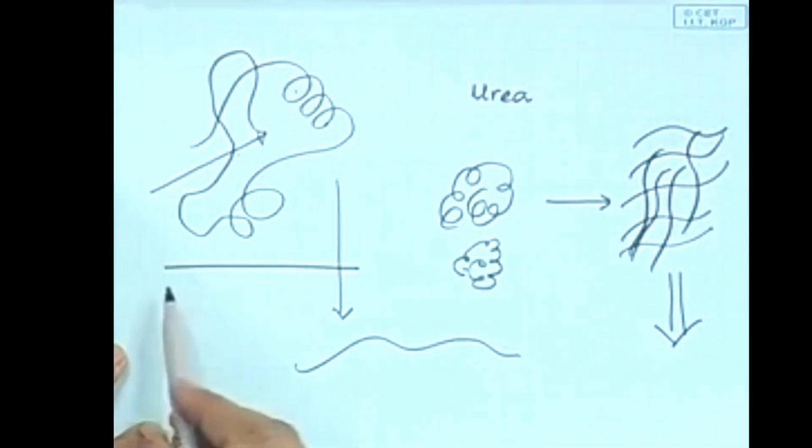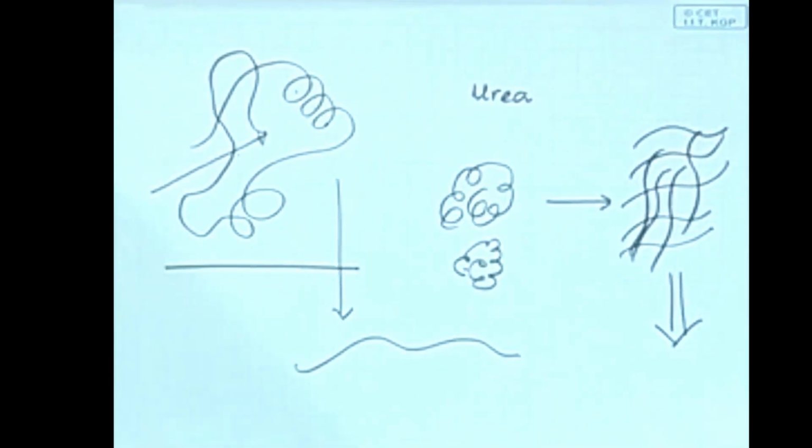Okay, so if we go back here, essentially what we are doing in protein denaturation is we are disrupting all the interactions that were possible. What were these interactions? Hydrogen bonding, van der Waals interactions, and ionic interactions. What can we denature proteins by?